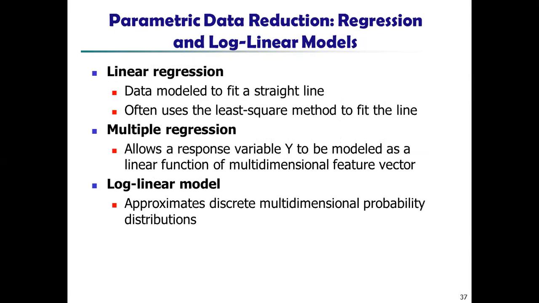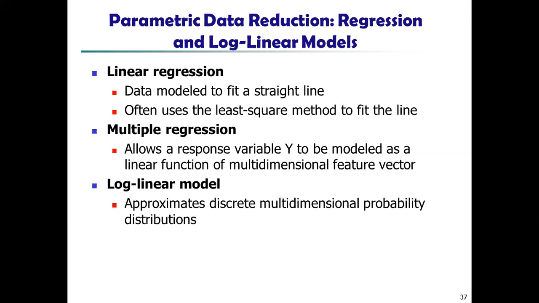So linear regression means generally in Python or R programming, we have to use the LM function for the linear regression. And for multiple regression, we have to use the GLM function, generalized linear model. In the linear regression method, the data model will fit a straight line, often using the least squares method to fit the line.